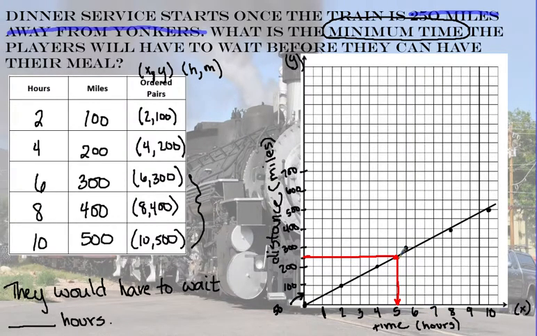Since the 250 hits the line and then drops down to 5, I know that they would have to wait 5 hours to get food. I can double check my answer using my equations, so I know that my number of hours, 5 times 50, should give me 250. Since this works, I know that my answer is correct.